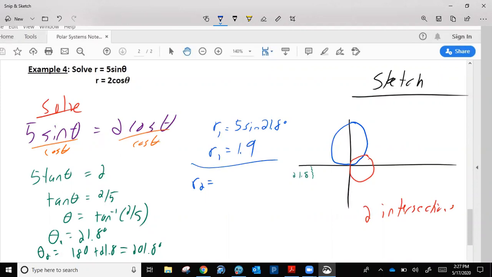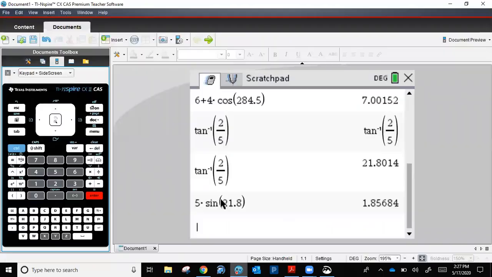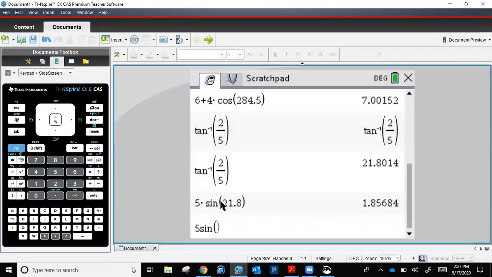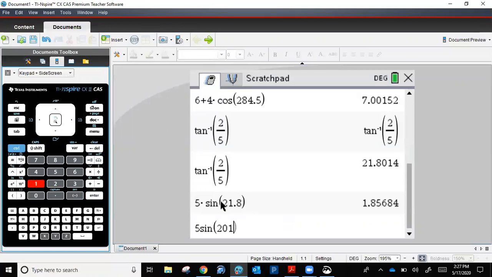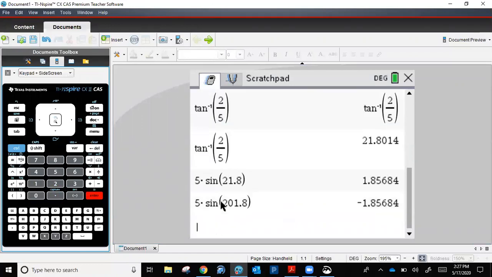And then I can do 5 sine 201.8. Oh, we got negative 1.9.